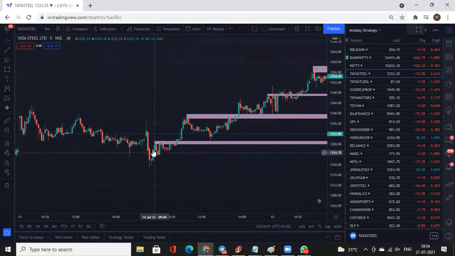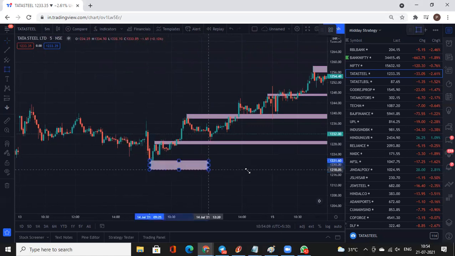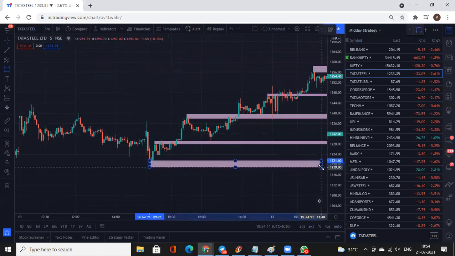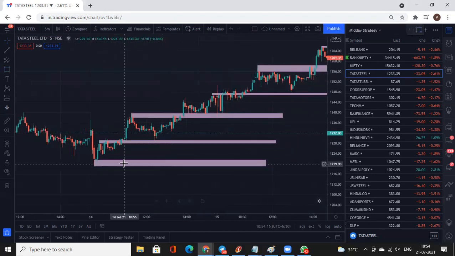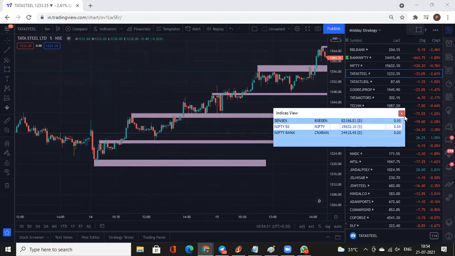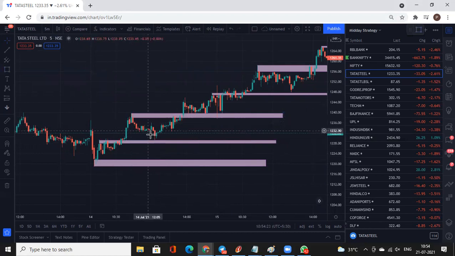So this again, I'm taking as an example. This is a series of lows, and then there is a green candle formed. And then I'll mark this as a support area. Okay. Now I marked here as a support area, right? And then there is another support area created as a low. See, there is a series of lows, and then there is a reversal here.